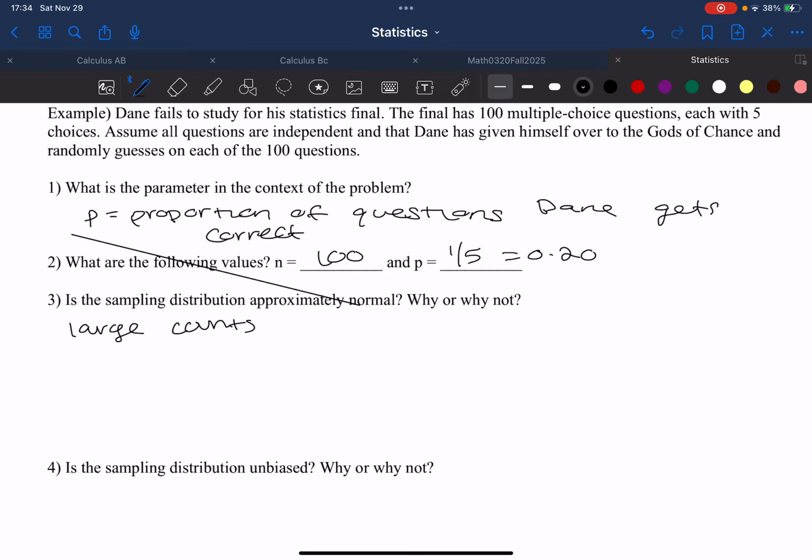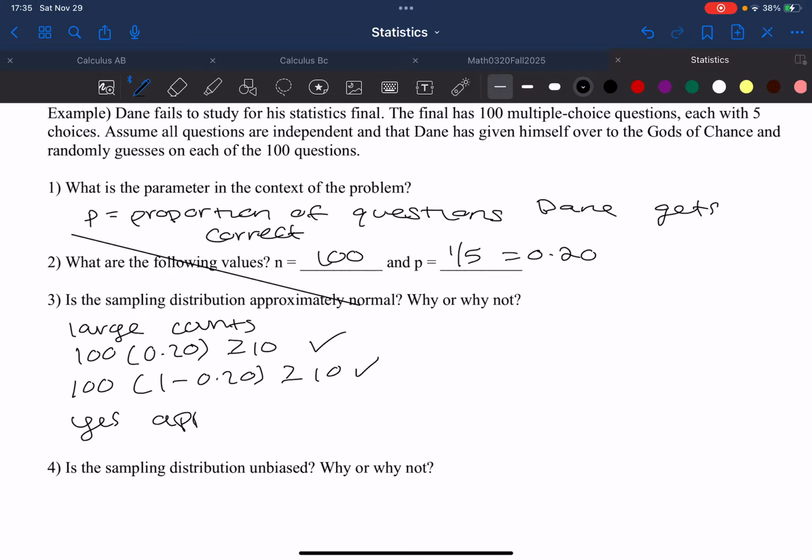And so we need to prove that 100 times 0.20 is greater than or equal to 10, and 100 times 1 minus 0.20 is greater than or equal to 10, which is good. So we would say yes, it's approximately normal.